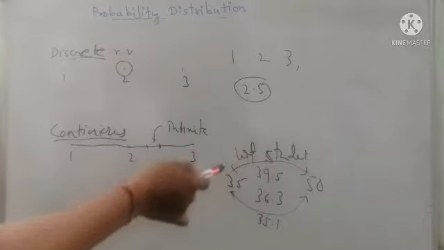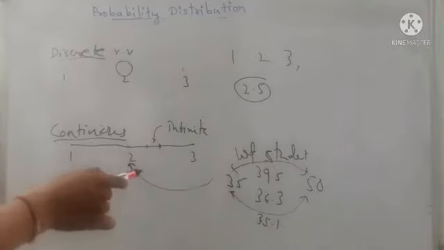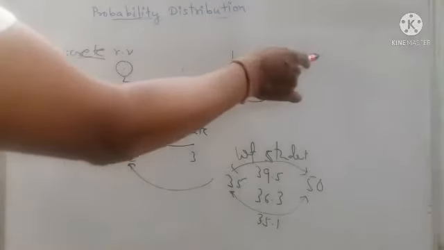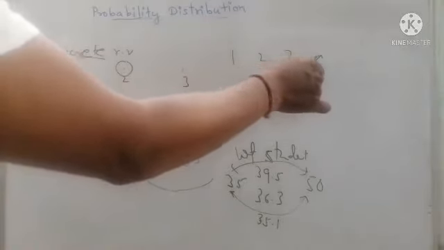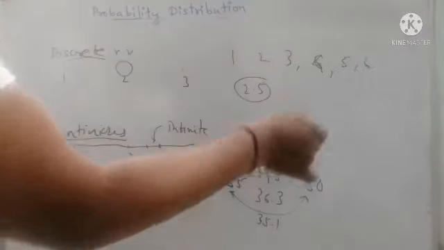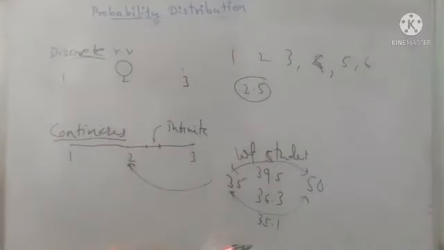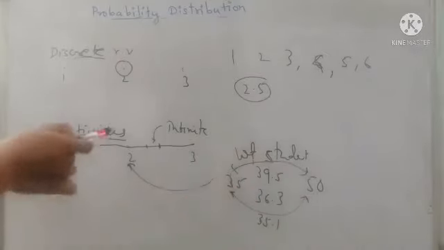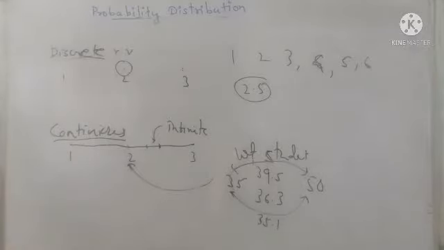So these variables are called continuous variables. In the first case, as we throw the die, there are only 6 possible values of the variable. But in the second case, any value between these two can be obtained. So this is a continuous variable. Do you understand what we mean by discrete and continuous?